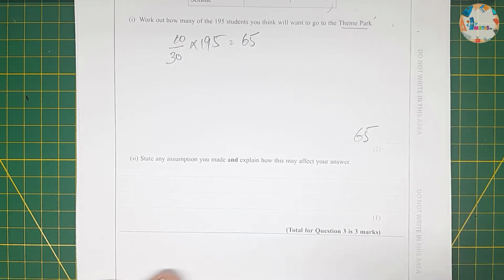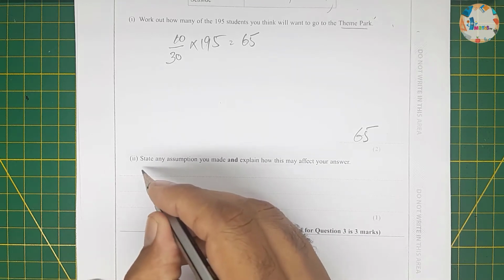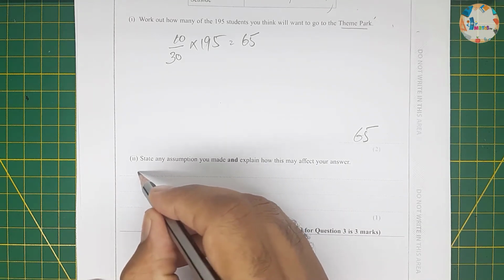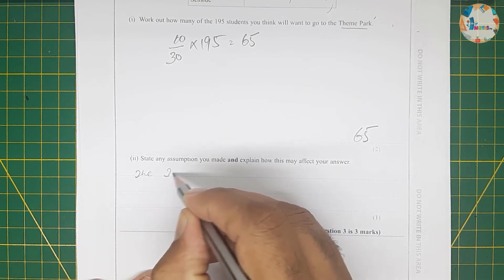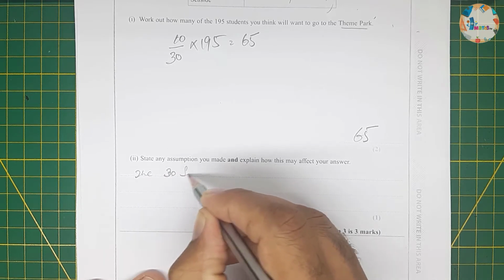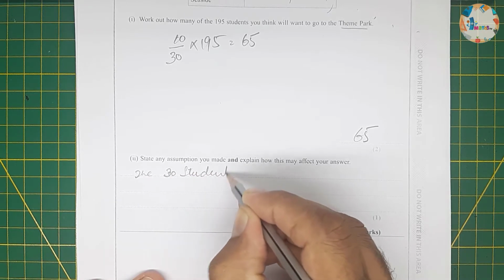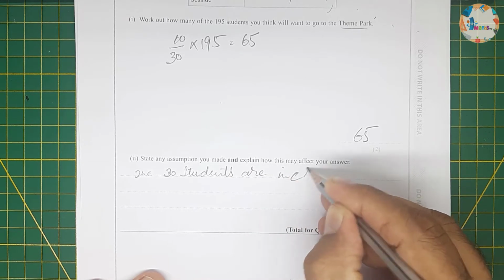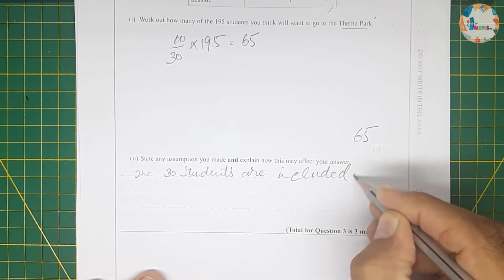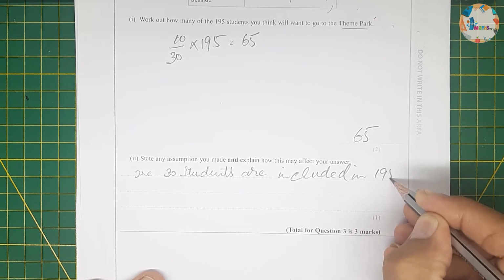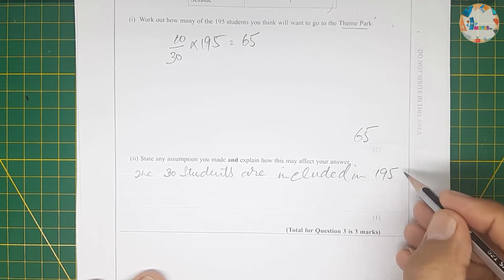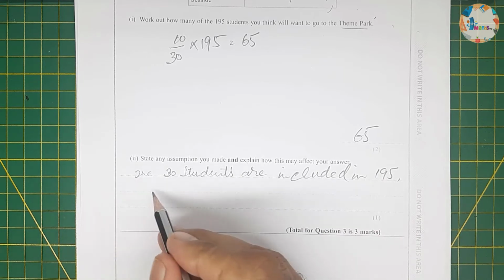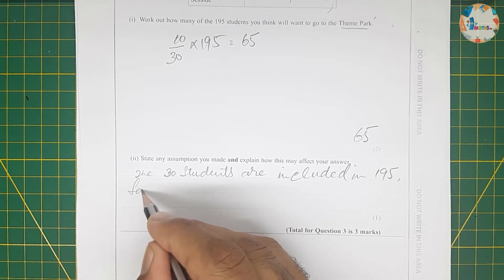So we will be mentioning that the 30 students are included in 195. So one thing, this one, and the second thing is that the sample is random.